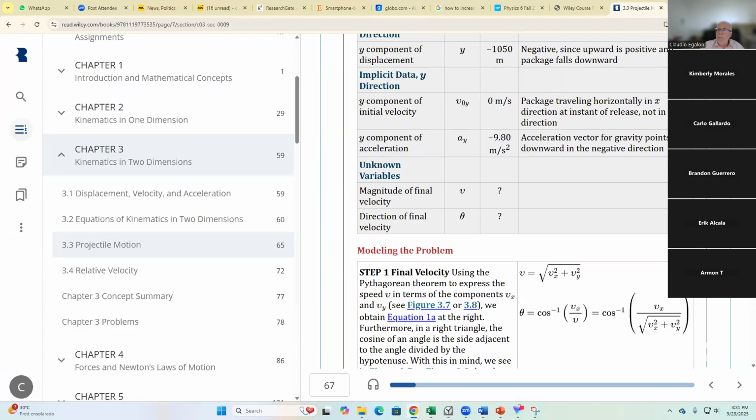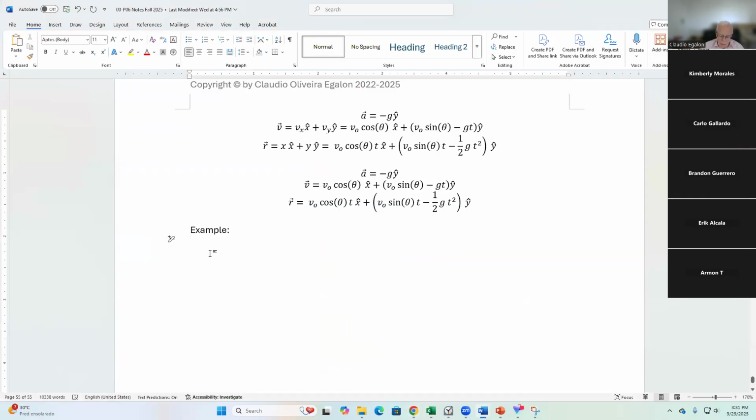A projectile is propelled from the ground over a flat terrain with a non-zero initial velocity and angle, V naught and theta, respectively.